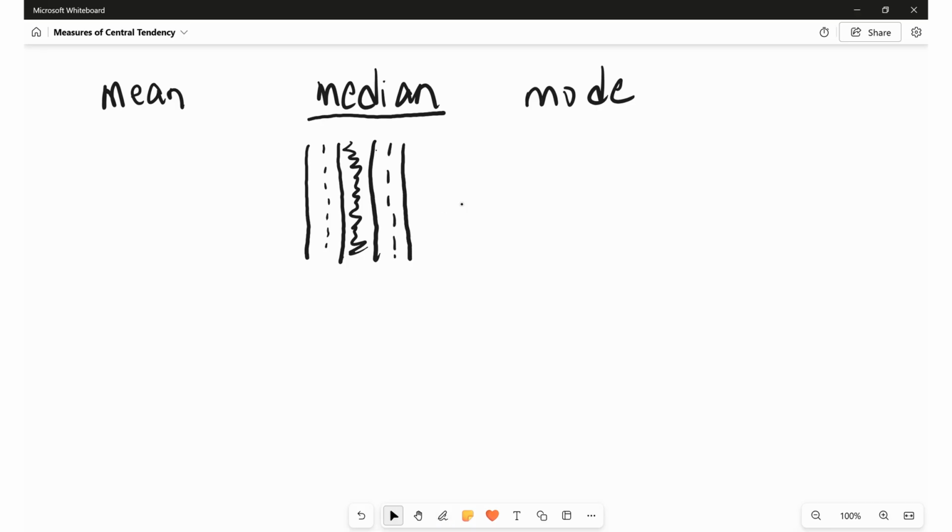Okay, so it kind of looks like a road, like a highway. And when we are driving, the median is right here, and it is in the middle. So that is just the basic definition of median. Median is the number in the middle.